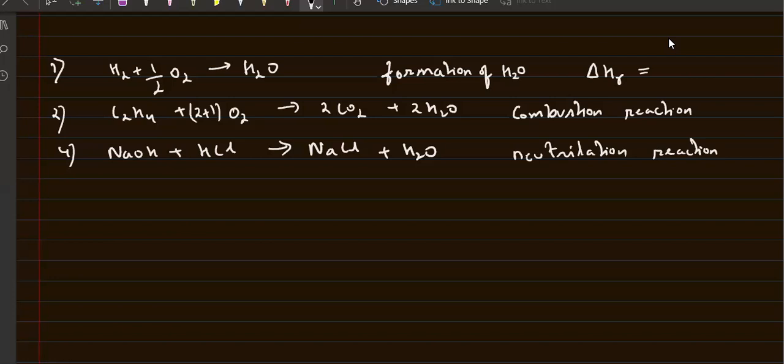Okay. For the second equation, can we call it heat of combustion? And for the third reaction, can we call it heat of neutralization?